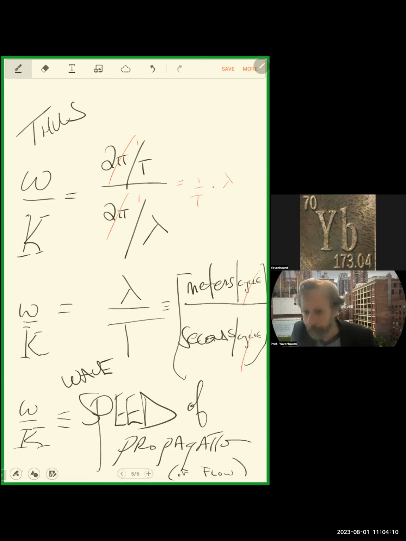In other words, what a wave is at any given point in space and time is this: the acceleration of that point back to equilibrium is directly proportional to the concavity of the medium at that point. And the constant of proportionality is the square of the speed at which these pulses flow.